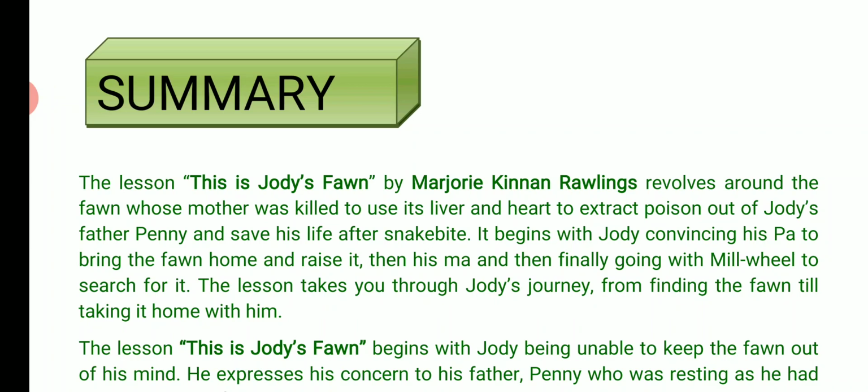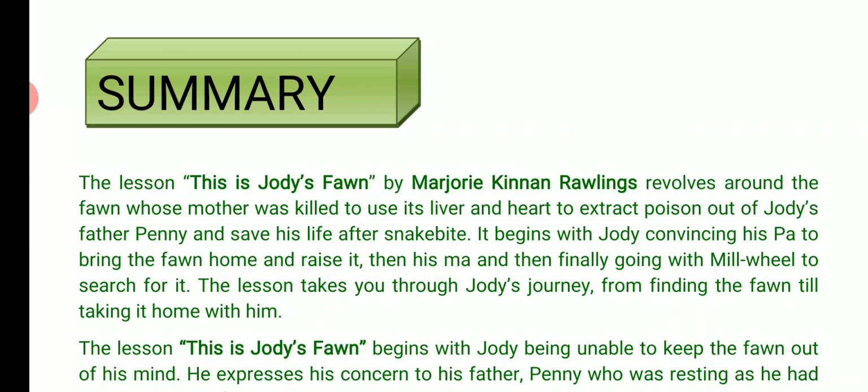It begins with Jody convincing his pa to bring the fawn home and raise it. Here raise it means he wants to bring that fawn home, and then he puts the question in front of his father, then his ma, then finally goes with Millwheel to search for it. The lesson takes you through Jody's journey from finding the fawn till taking it home with him.